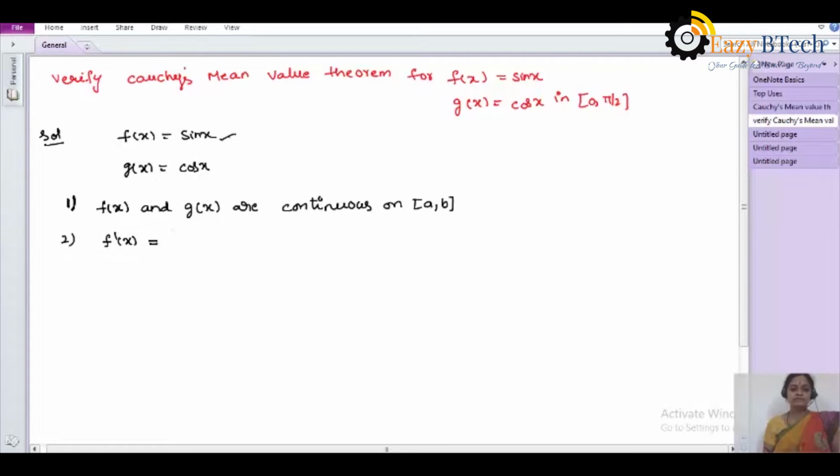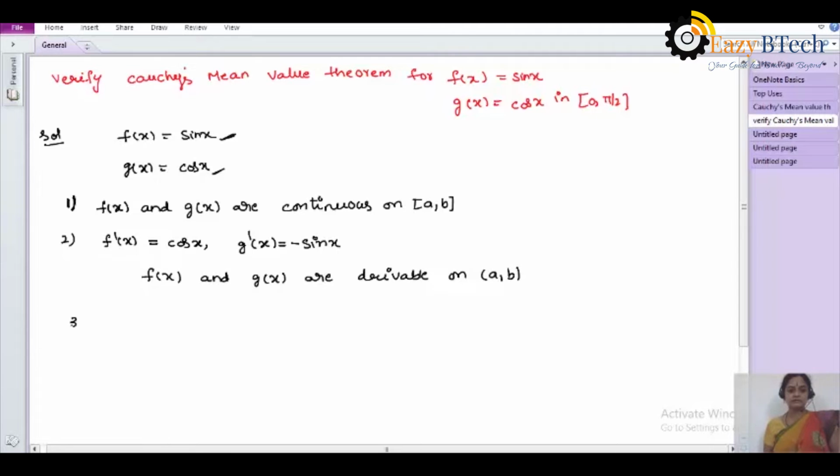Here f of x is sin x, differentiation is cos x, and g of x is cos x, then differentiation is minus sin x. So hence you can say that f of x and g of x are derivable on the open interval (a, b).